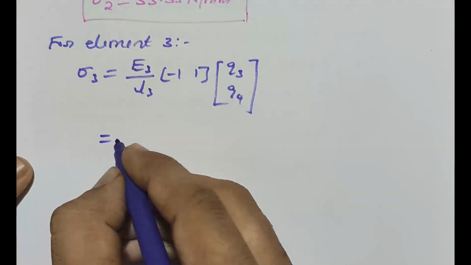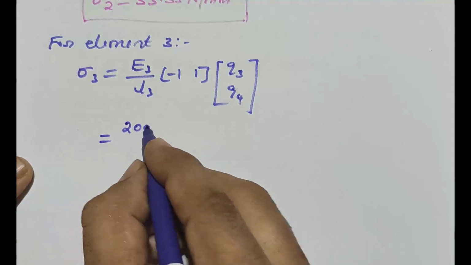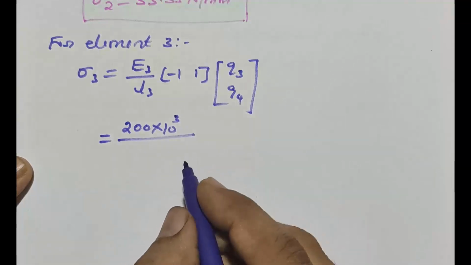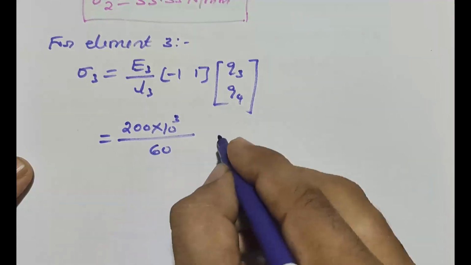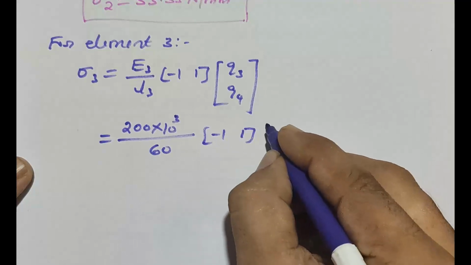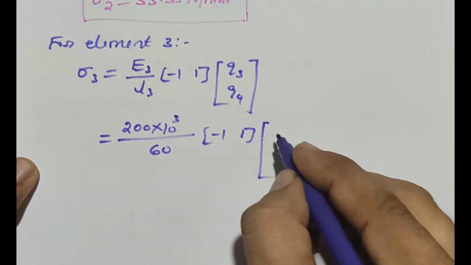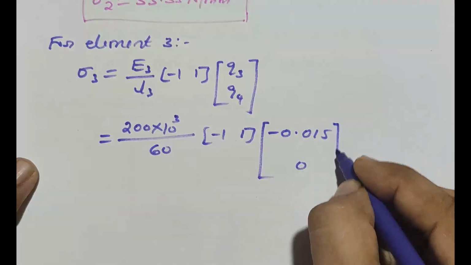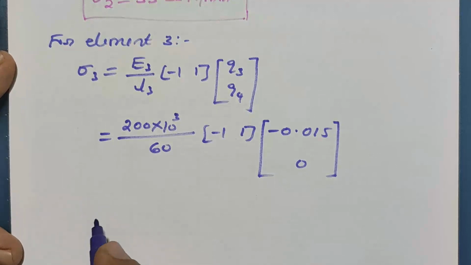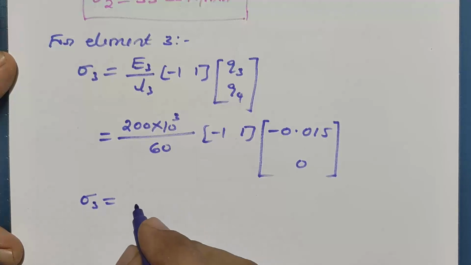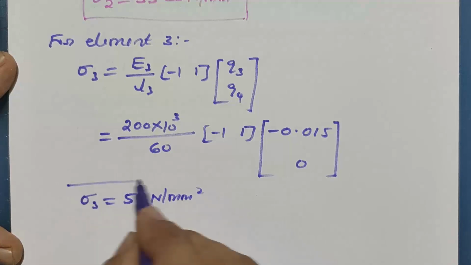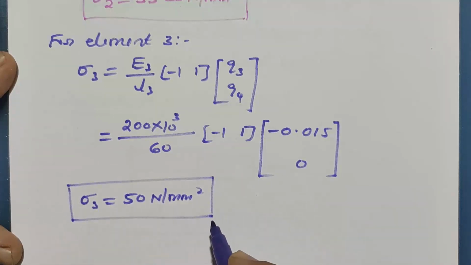Now apply the given value. E3 is 200 into 10 power 3 divided by length 60 [minus 1 1], Q3 is minus 0.015 and Q4 is 0. If you simplify this, we will get sigma 3, that is stress in element 3, equal to 50 Newton per mm square. This is the stress in element 3.